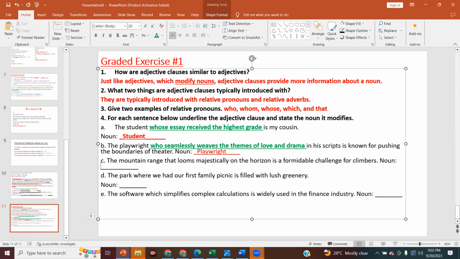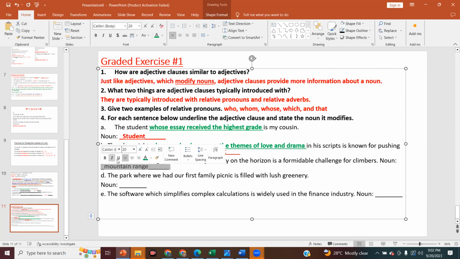Mountain range. Not just mountain, mountain range. All right, mountain range. Okay, so bear that in mind. Okay, so let me make that red.